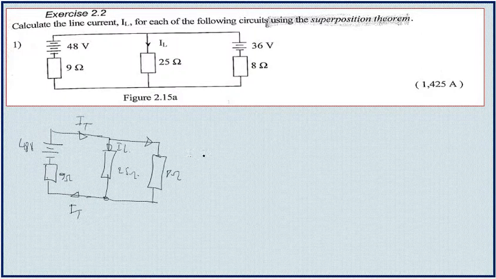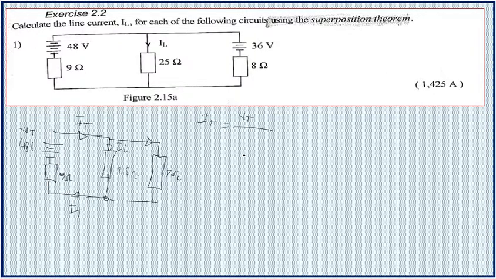To find the total current we need to use that voltage. So we say total voltage divided by the equivalent resistance, R equivalent, which is the total resistance.